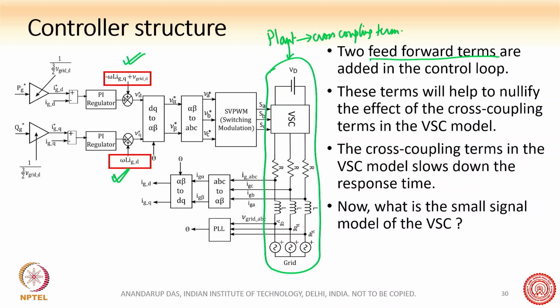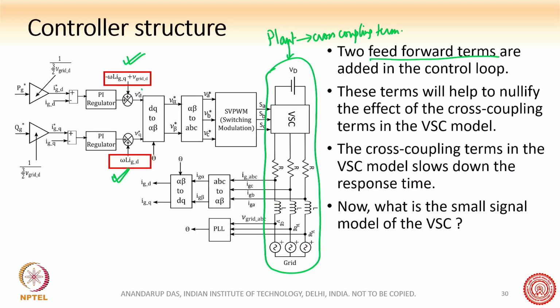So if I add these 2 terms which are shown in this slide, then the effect of the cross coupling term in the VSC model can be highly minimized, and we get a very nice response. In fact, I will show you some simulation results where you will see that the VSC can actually work very fast, once you have properly taken care of all these issues.